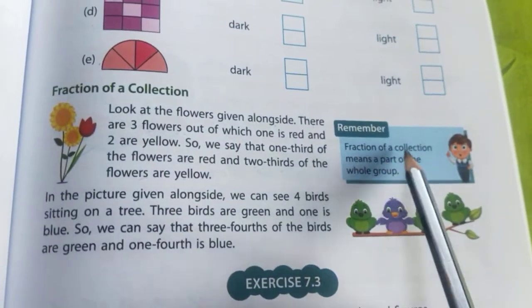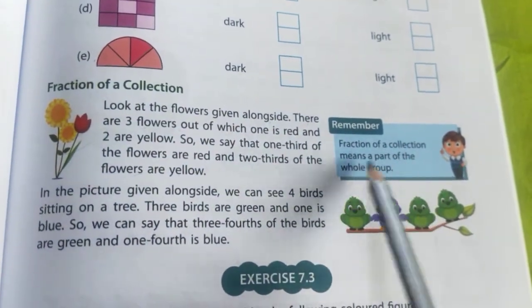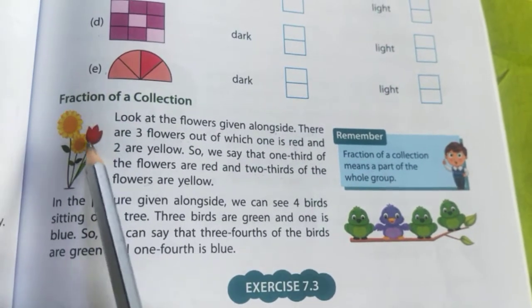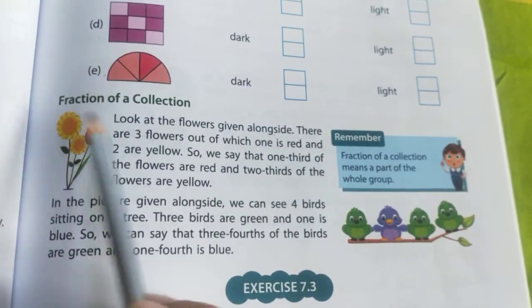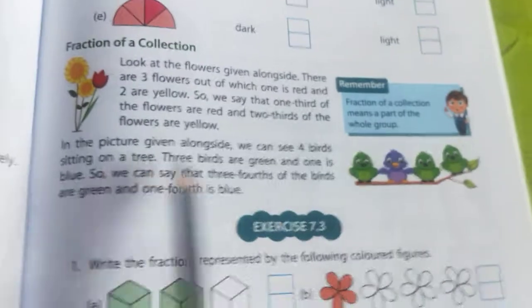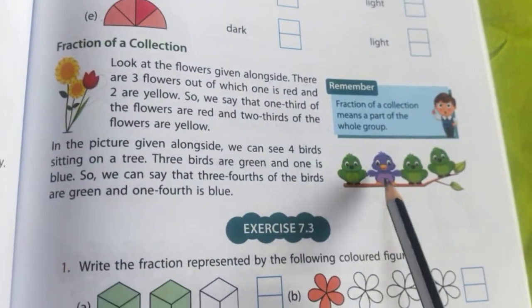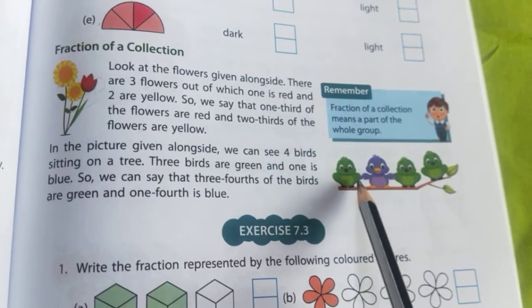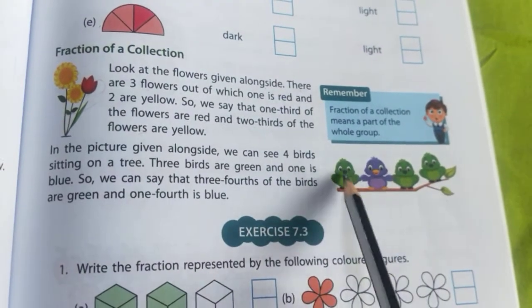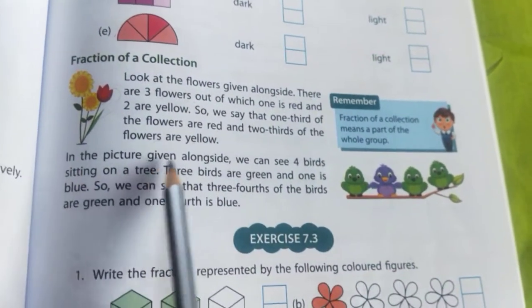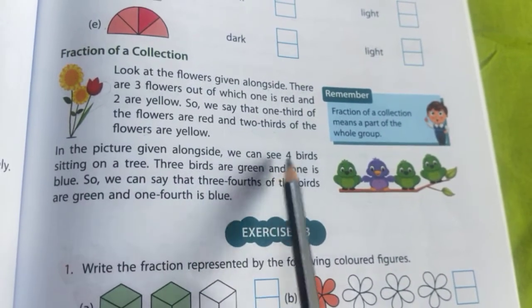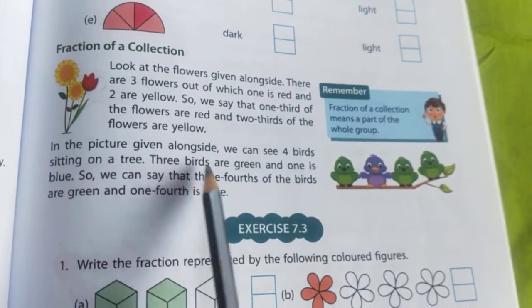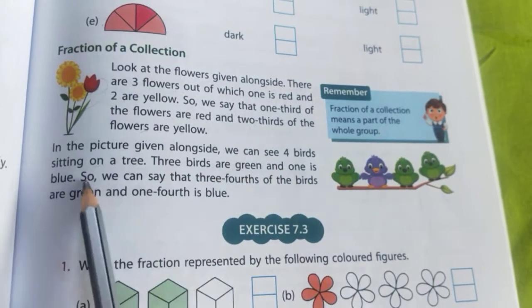Remember, fraction of a collection means a part of the whole group. Now in the second picture you can see there are 1, 2, 3, 4 birds. One is blue, and the other 3 are green. In the picture given alongside we can see 4 birds sitting on a tree. 3 birds are green and 1 is blue.